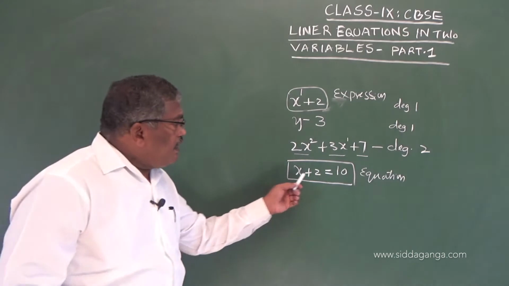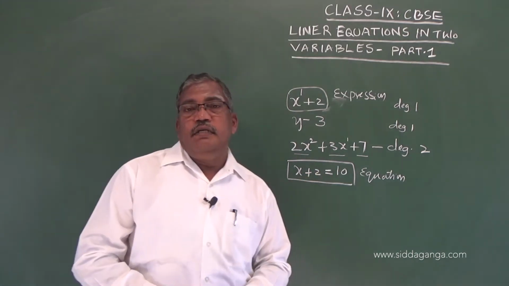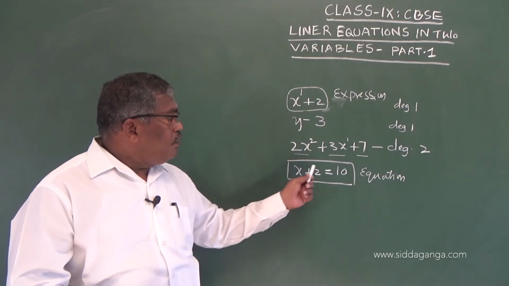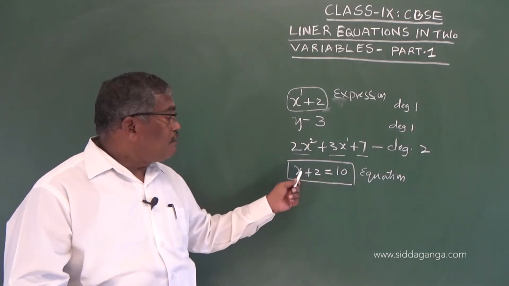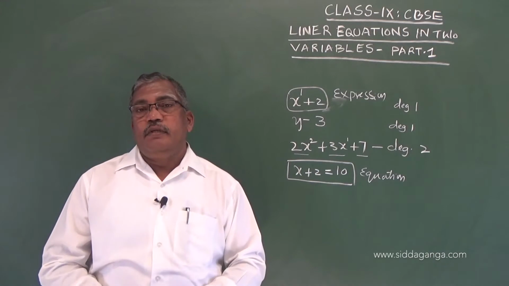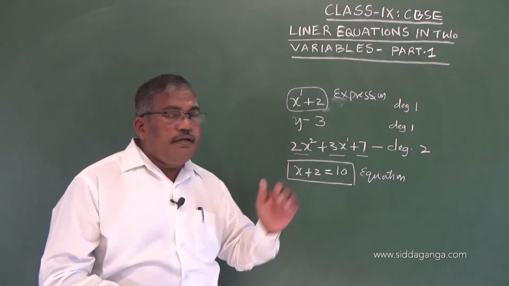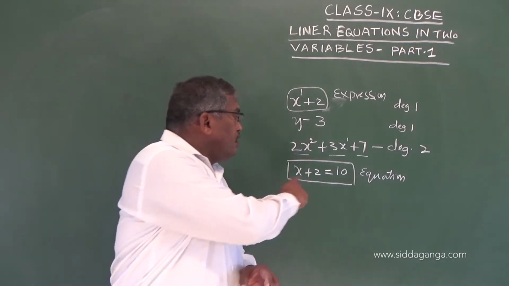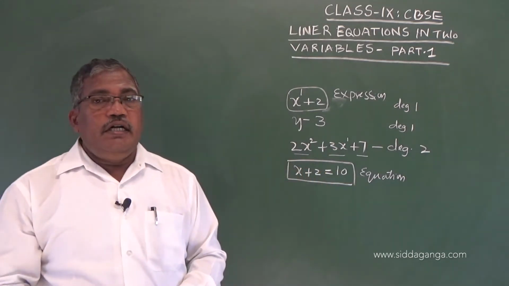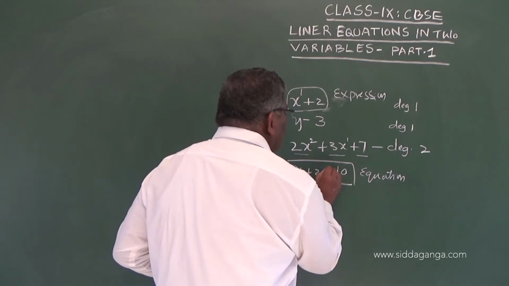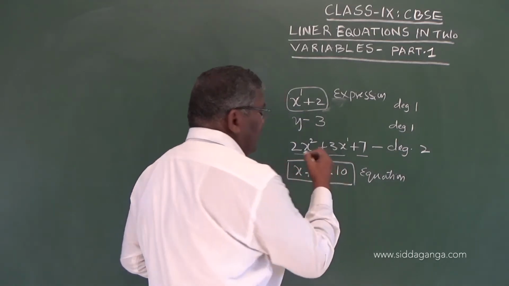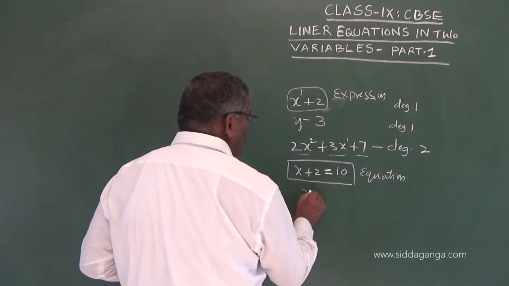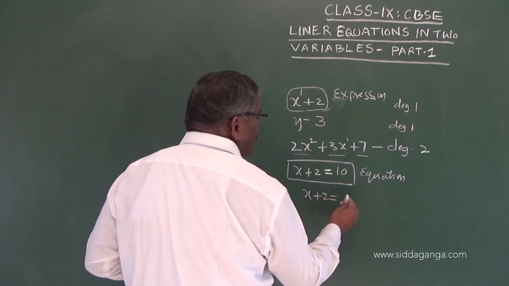An equation is a statement which says the two algebraic terms, x plus 2 and 10, are equal, and it is indicated by the equals sign. It is not necessarily x plus 2 equals 10.